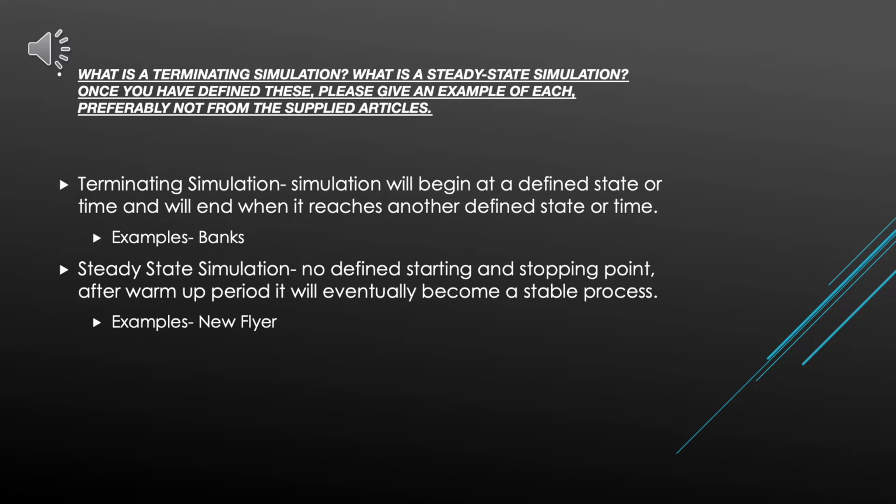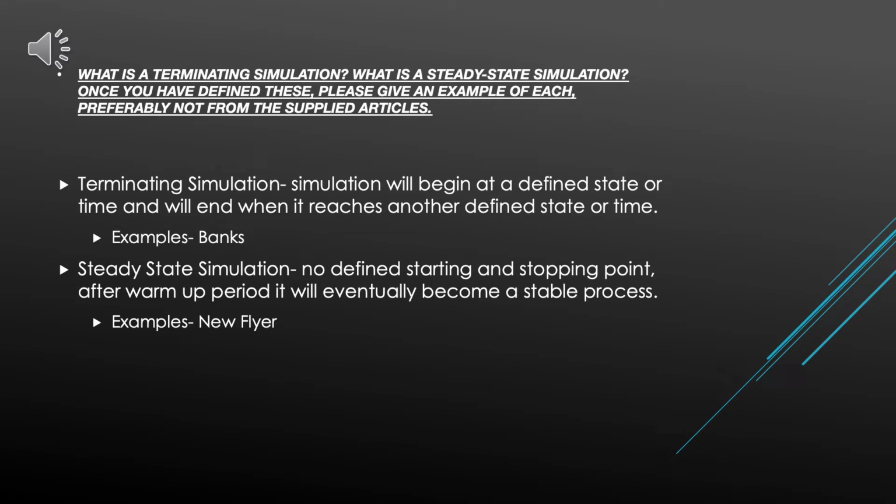So what are terminating simulations and what are steady state simulations? Once you have defined these, please give an example of each, preferably not from the supplied articles. In terms of terminating simulations, they are simulations that begin at a defined state or time and end when they reach another defined state or time.